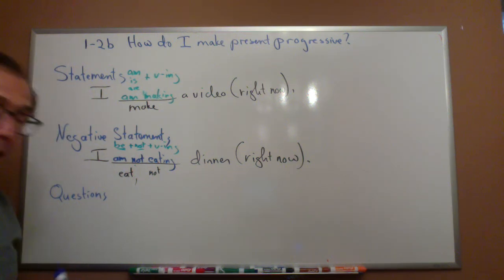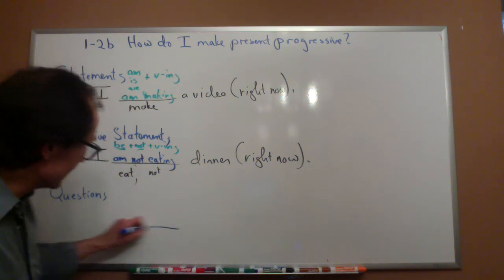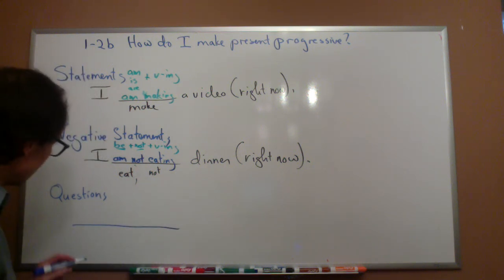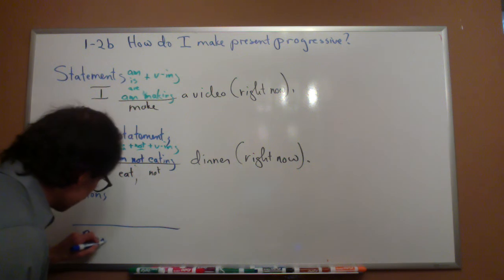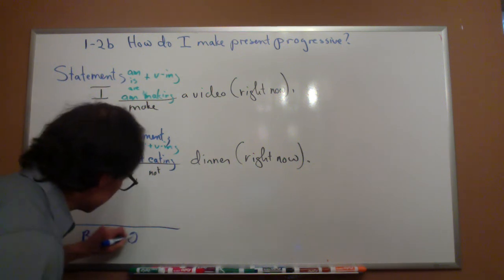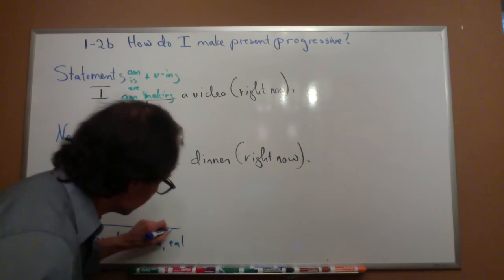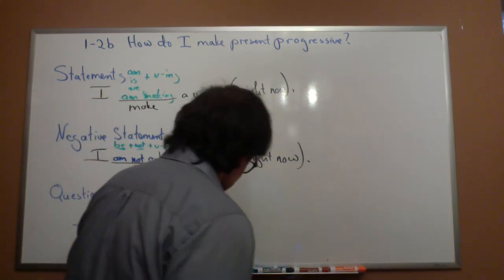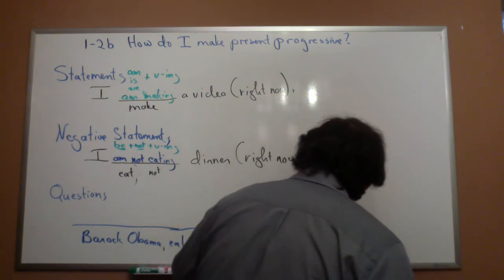With questions, how do I make a question? We made a question about Barack Obama in the last video, so let's do the same thing here. Barack Obama eat dinner, and again we'll add right now.